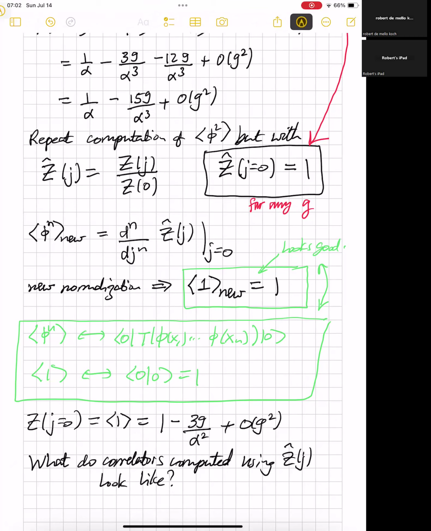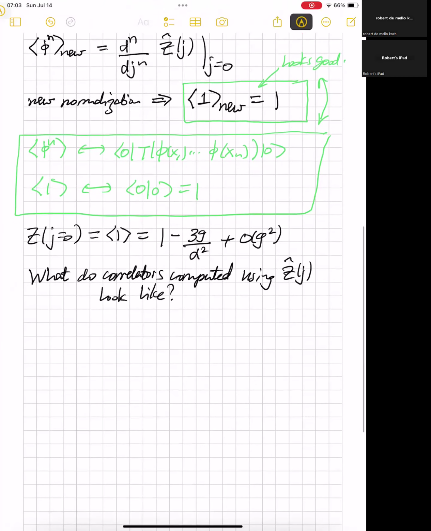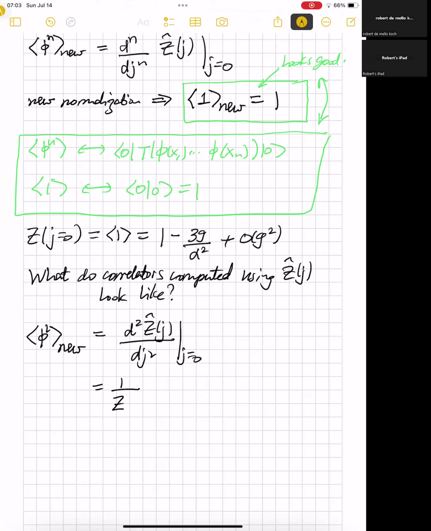Well, let's do an example. So let's calculate a 2-point correlator with the new normalization. So what is this equal to? Well, this should be 2 derivatives of z hat of j, d j 2, evaluated at j is equal to 0. And we know exactly what this is. This is 1 over z of 0 times 2 derivatives of z of j, d j 2 at j is equal to 0.